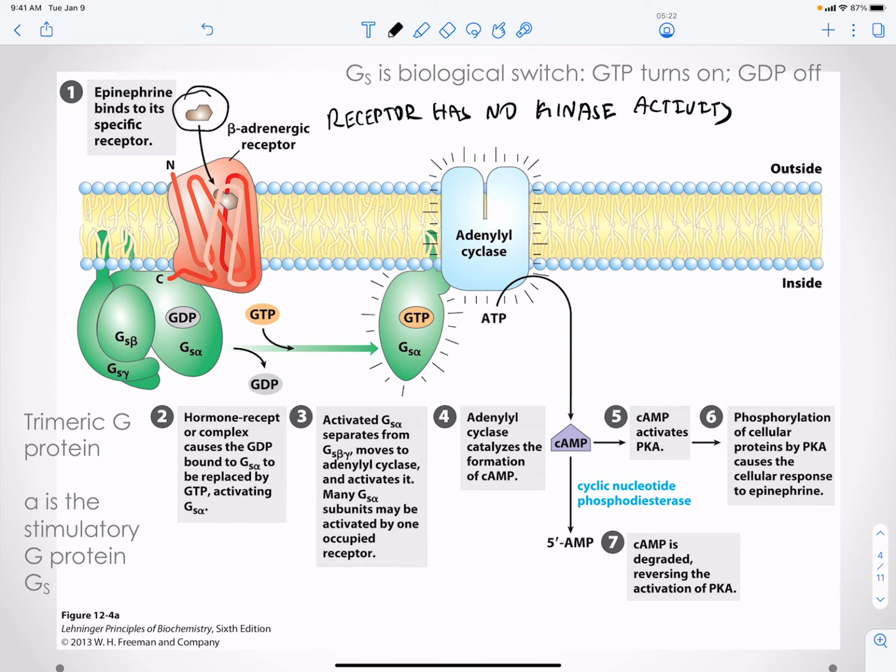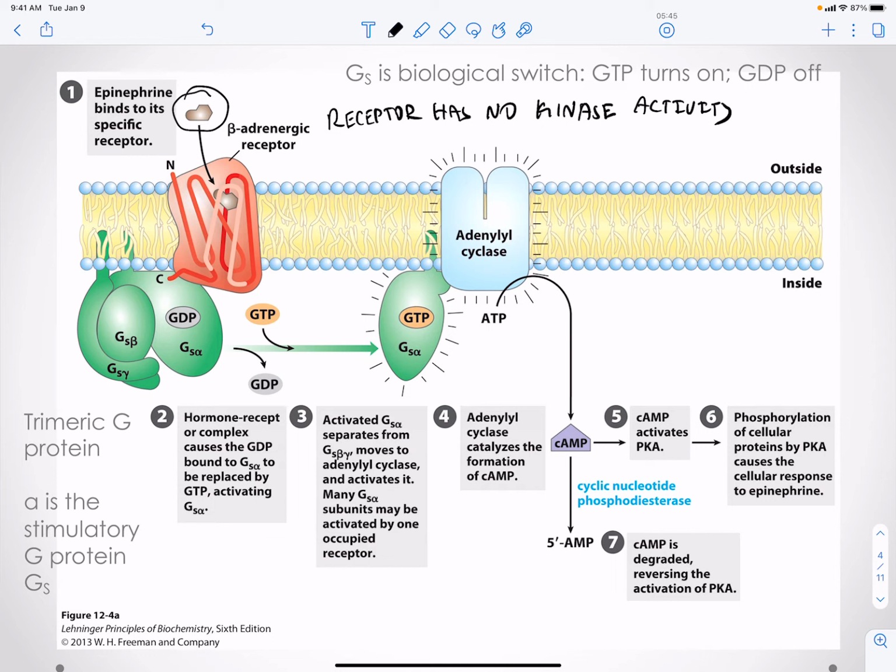It initiates all its signal transduction through G proteins. That's why it's called a G protein receptor. And then your different receptors are going to have different specific hormones. So this beta adrenergic is a G protein coupled receptor that's in muscle, liver, and adipose tissue.